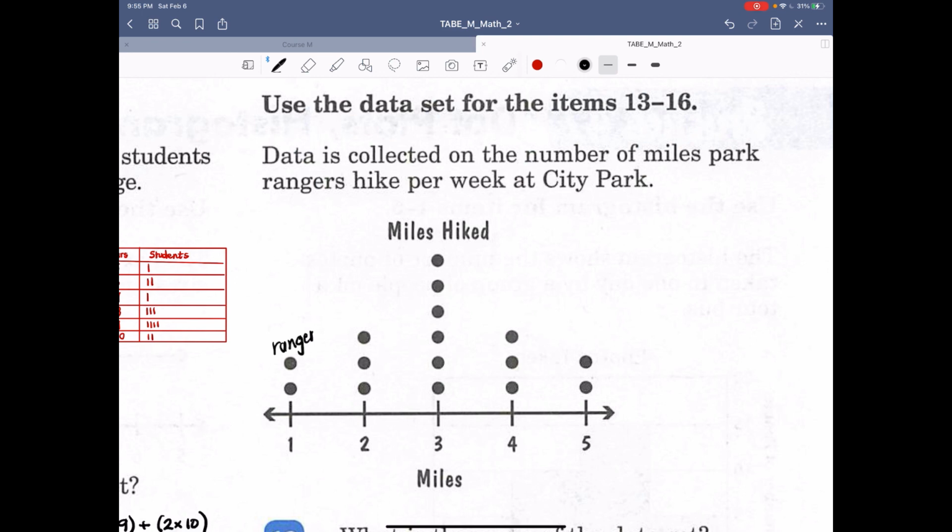So 2 rangers said they hiked 1 mile. 2 rangers said they hiked 5 miles. So the range here is from 1 to 5. I can already tell you the range. 5 minus 1 is 4. So we know the range right here.